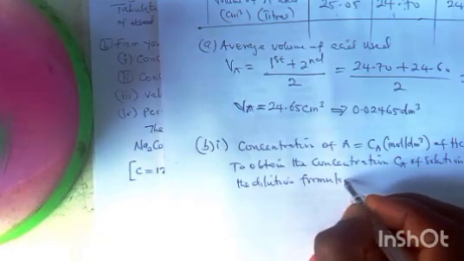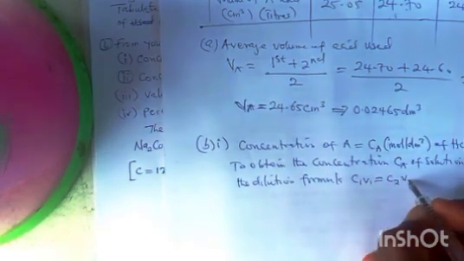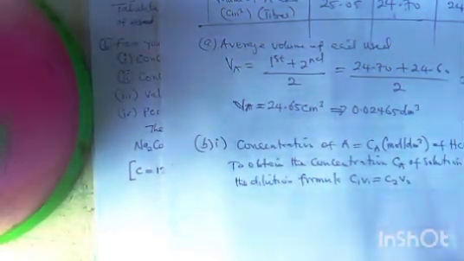That formula is C1V1 equals C2V2. This is the formula we use in diluting the concentration of a particular solution.